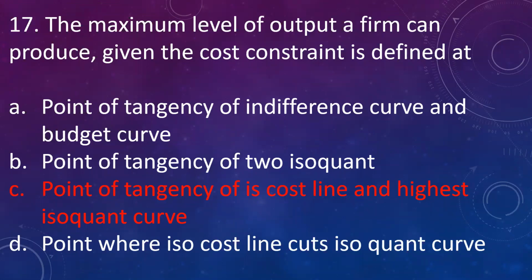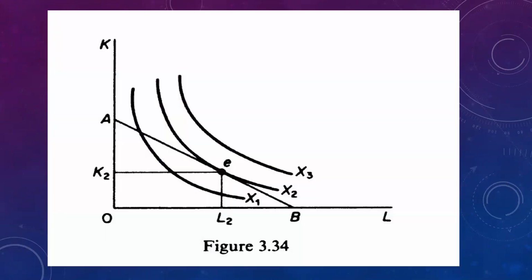The answer is point of tangency of isocost line with the highest isoquant curve. This is shown in the graph at point E, where isocost is tangent to isoquant.